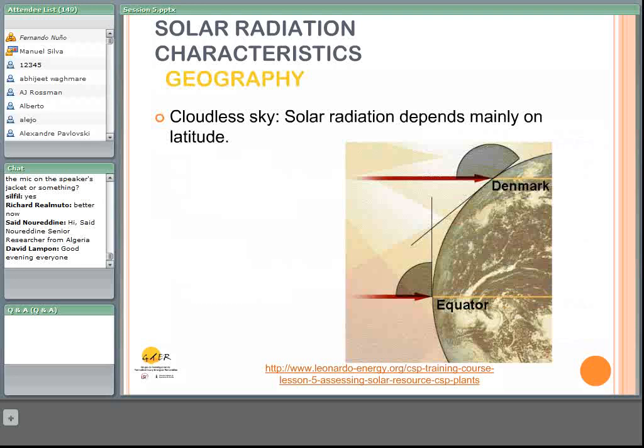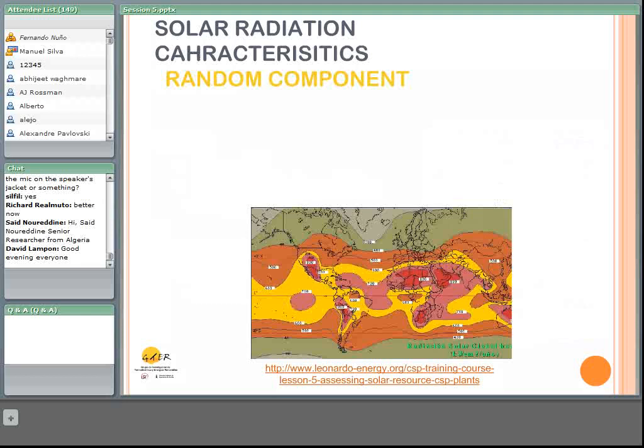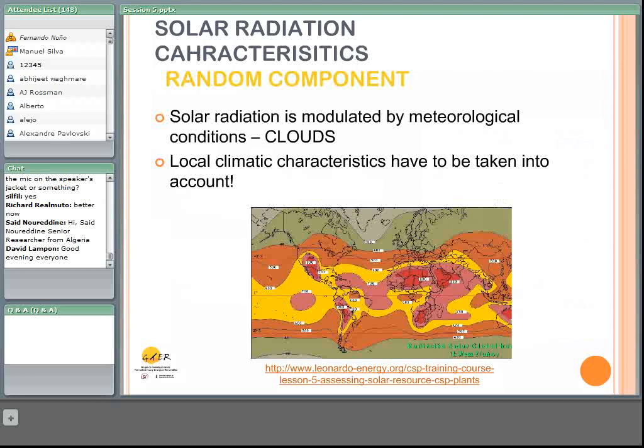Finally, there is an important fact, which is a random component. The solar radiation is modulated by meteorological conditions, and mainly by clouds.